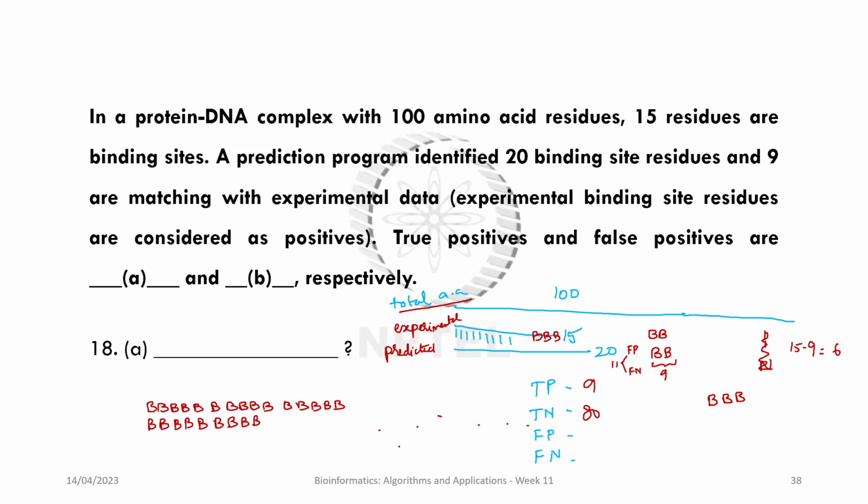Okay, so the false positives will be 11 because you have B where it is not B in this case, so that will be 11, and false negatives will be 91.